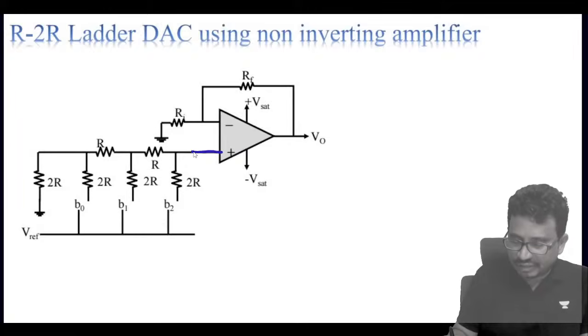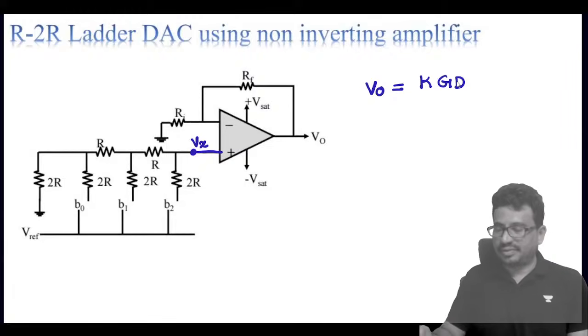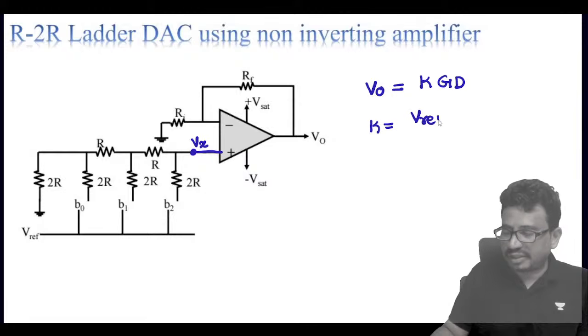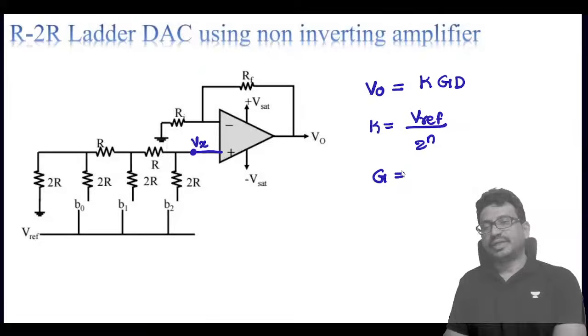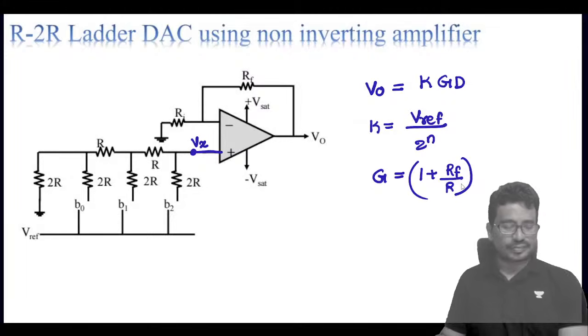So if I call this value Vx, the output voltage will be C k D, like we have seen earlier, V naught, where K is V reference by 2 power n and G is the gain. This is a non-inverting amplifier, so the gain is 1 plus RF by R, and D is the decimal equivalent.